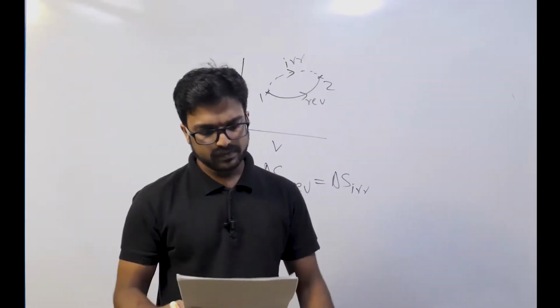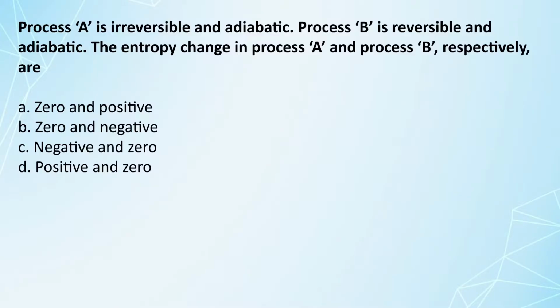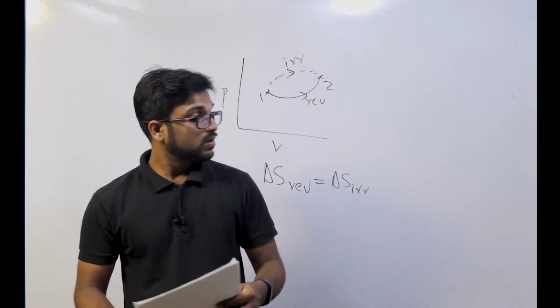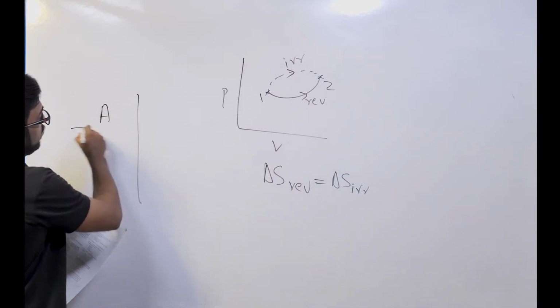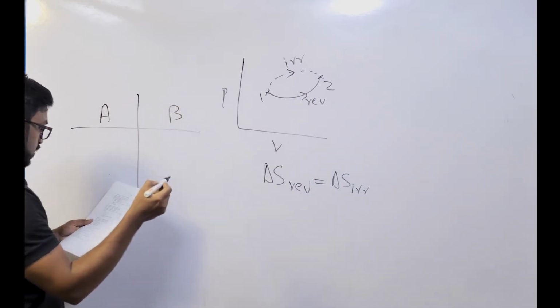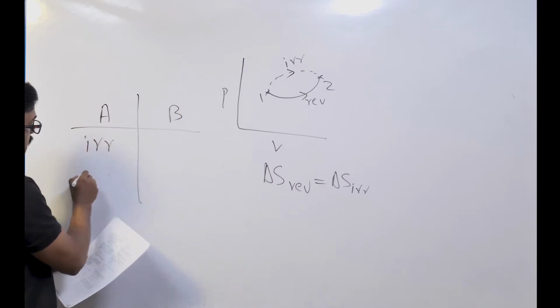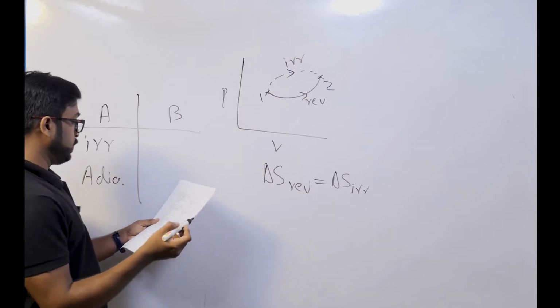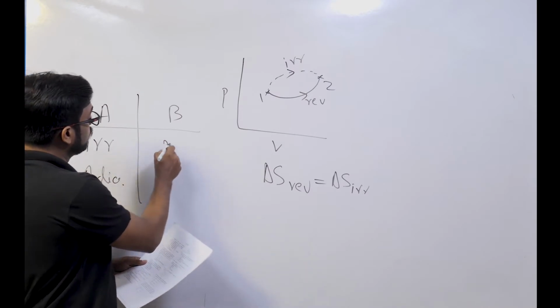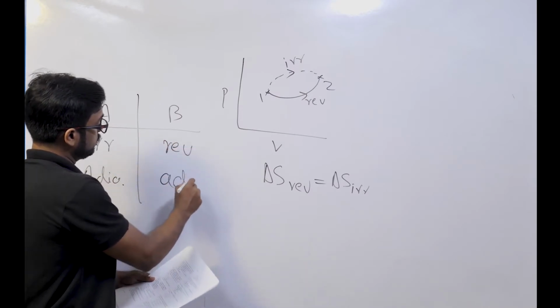Now process A is irreversible and adiabatic. Process B is reversible and adiabatic. The entropy change in process A and process B respectively are? So we have a process A which is irreversible and adiabatic, and process B, which is reversible and adiabatic.